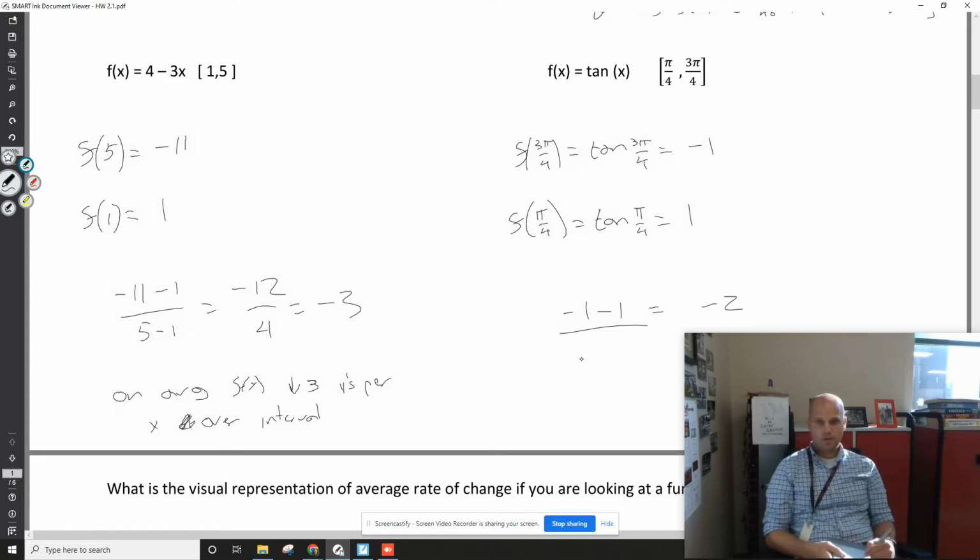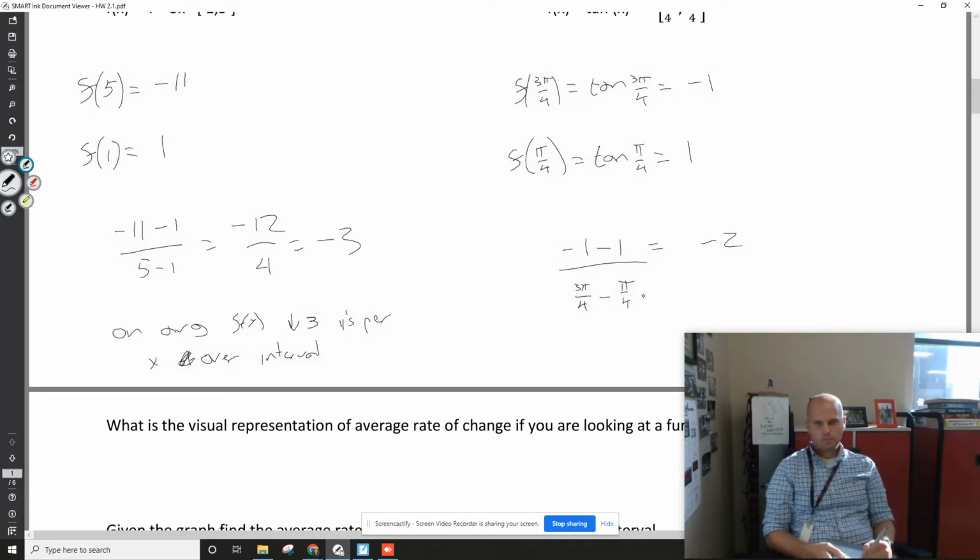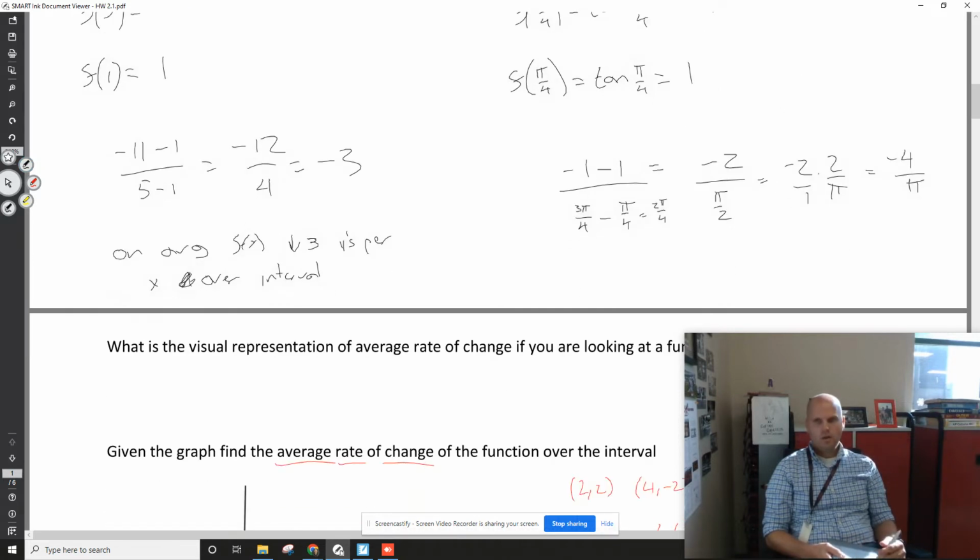So it's pi over 2 if you want to do the math. 3 pi over 4 minus pi over 4 is 2 pi over 4, which is the same as pi over 2. Keep the top, -2 over 1, multiplied by the bottom flipped, giving us -4 y's per pi x's, or I'm going down 4 over pi y's per 1x, a rate of change.